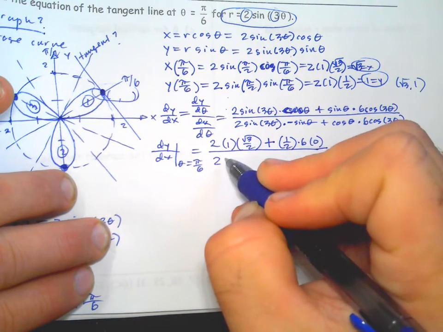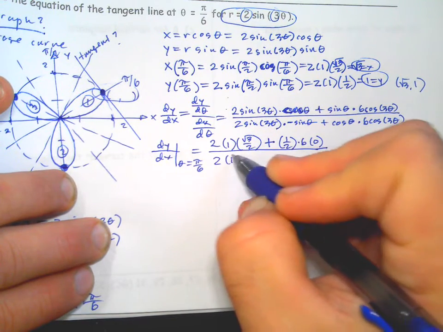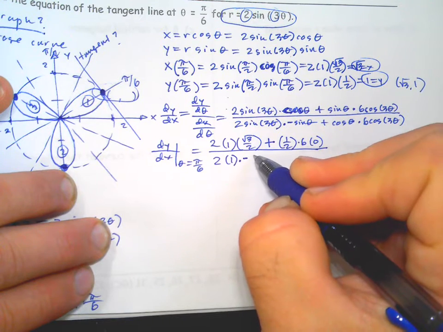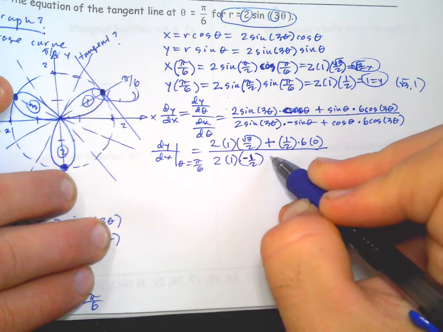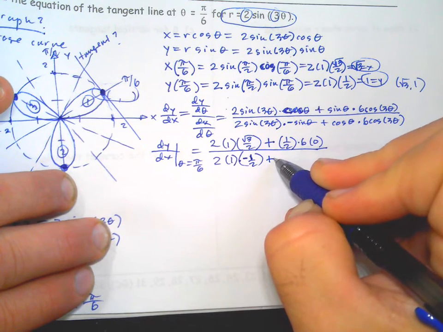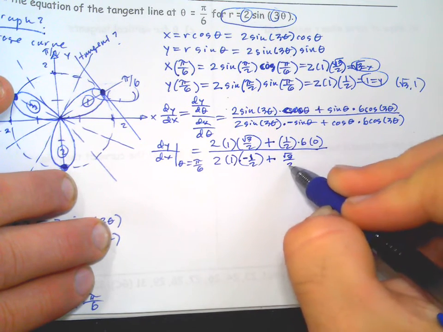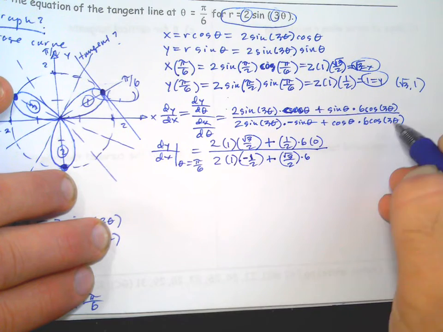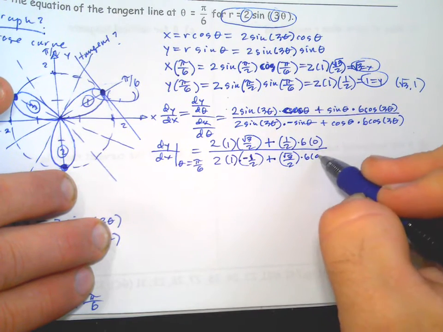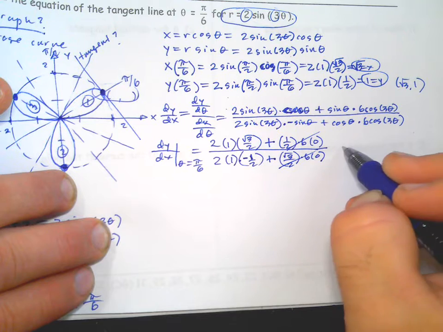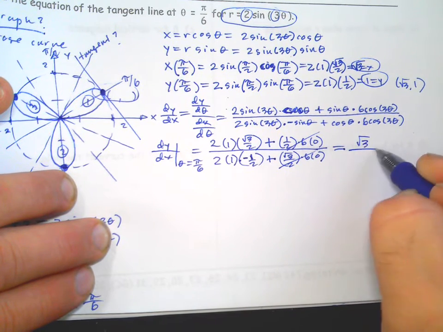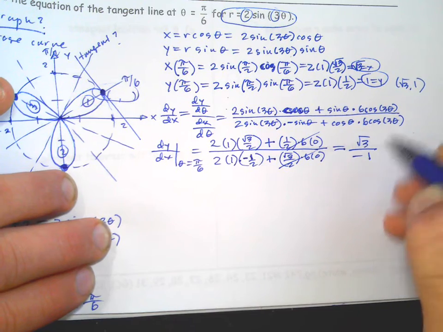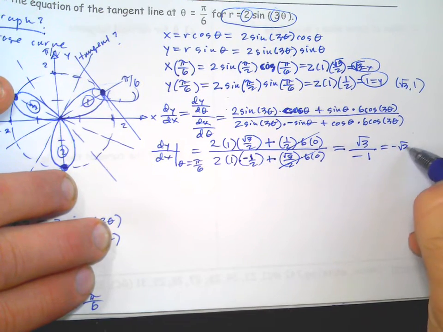And then sine of pi over 6 is 1 times negative 1/2 plus cosine of pi over 6 is root 3 over 2 times 6 times cosine of pi over 2 is 0. So these terms drop out and we end up with root 3 over negative 1, or just negative root 3 for the slope.